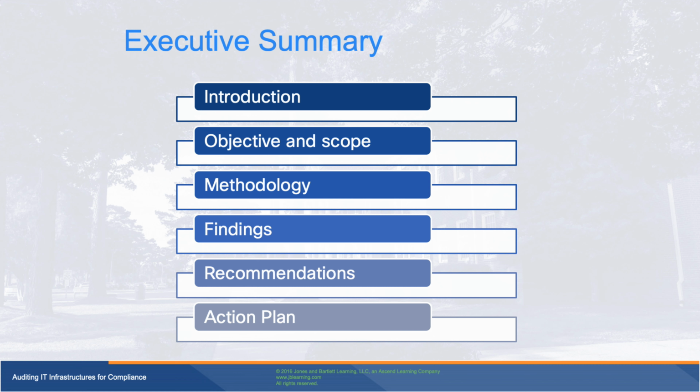Another reason that you need an executive summary is that some of the other executives that are outside of the IT realm may not have the technical expertise to understand what's in the report. The executive summary is going to provide the necessary information for both types of executives: the ones who don't have time to read, and the ones who are not tech literate and need to be able to understand the results of your audit.